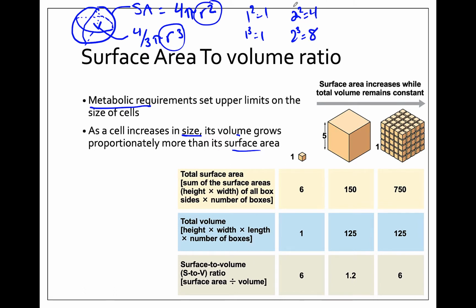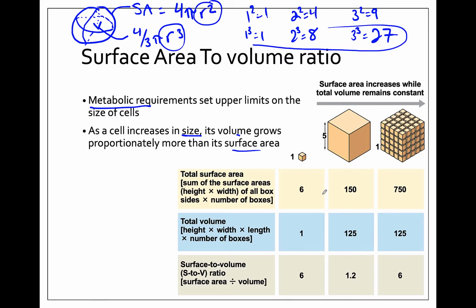So you can see how that's already increasing faster. If we increase that radius to 3, 3 squared is 9, but 3 cubed is 27. And so r cubed is going to increase faster. So that's what this means, that the volume grows proportionately more than its surface area.